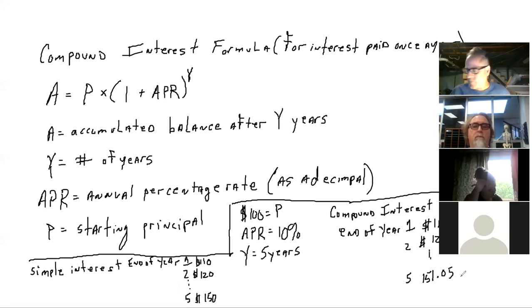Now I'm going to attempt to put this in the calculator. So we said $100, and that would be times 1 plus 0.1, and then to the power of 5.